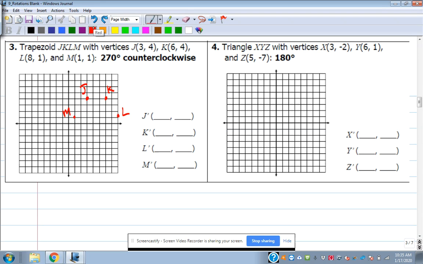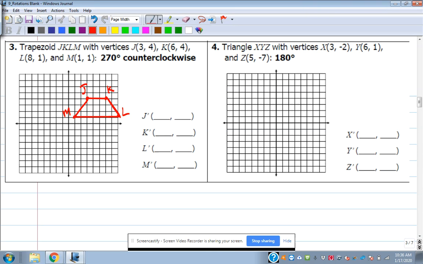I can get by without using a straight edge, but I can't. It's not quite steady enough today. So we have a trapezoid there.